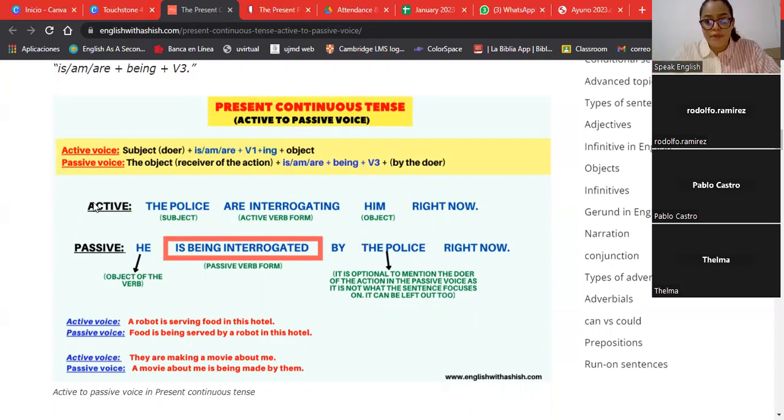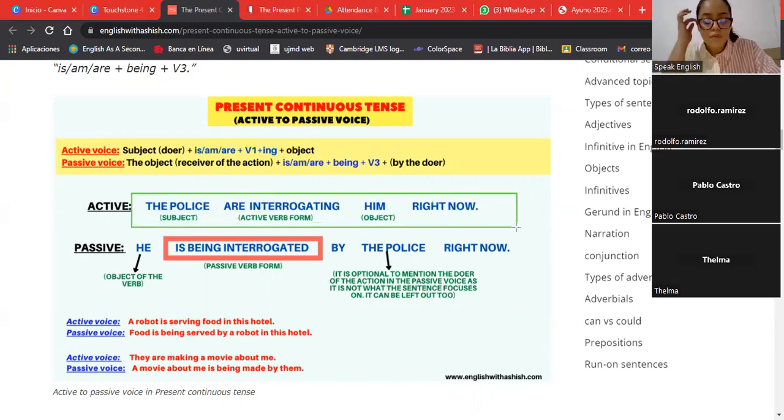This is going to be a review because this is something you already saw in class, right? Active voice, the sentence is, the police are interrogating him right now, right? Okay, which is the subject of this sentence? The police.